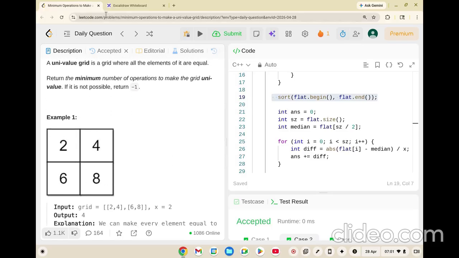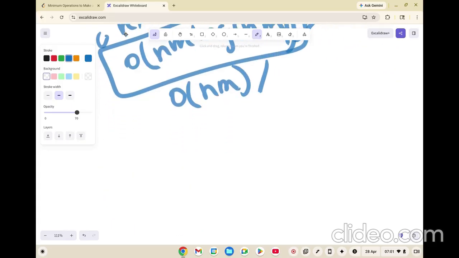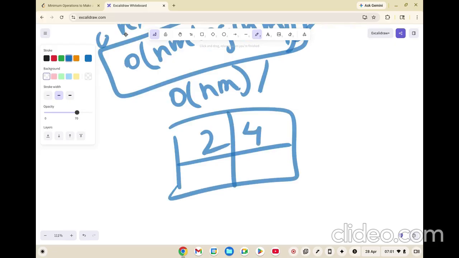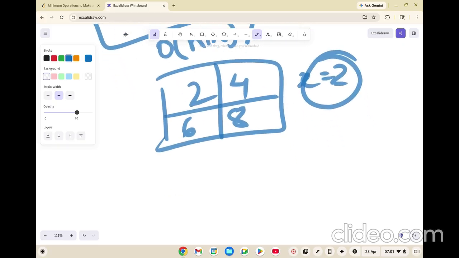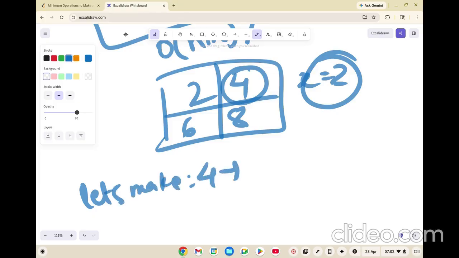The grid is 2, 4, 6, 8, and the x value is 2. So the approach is, what if you try to make all the elements 4? First we will understand the test cases, then I will go in depth into why everything is working.